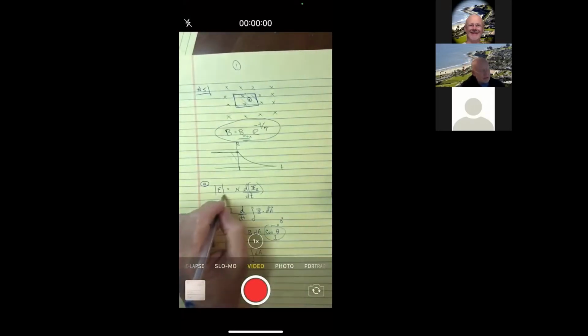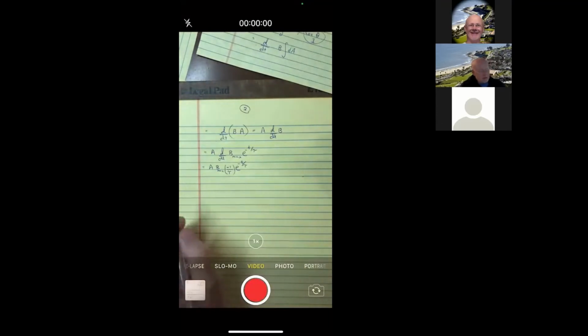Now, we probably should emphasize that Faraday's law is talking about a magnitude of it. So the fact that I have a negative here is kind of irrelevant, and so I'll just drop it.